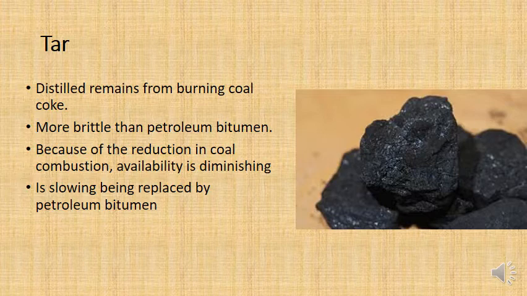Now that's quite important. If you were using tar in a tar-sealed road rather than bitumen in your asphalt, that will mean that the black stuff, the tar, would crack and break a lot easier than if it was bitumen.